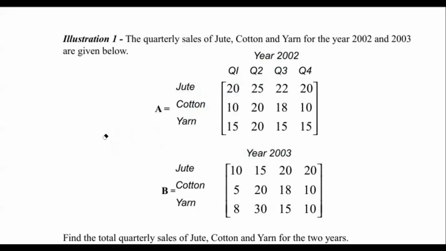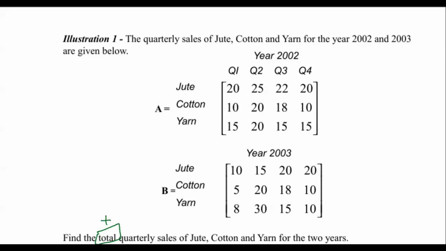In the problem, they want to know the total quarterly sales of jute, cotton, and yarn for the two years. So you have 2002 separate from 2003. If I ask you what operation you're thinking about, and you hear the word total, right away you should think addition.